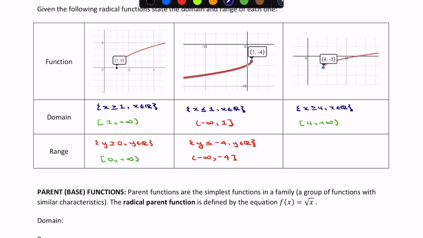And then for our y values, we see here that y has to be greater than or equal to negative 3, and y is an element of real numbers. And so here it goes from negative 3 to positive infinity.